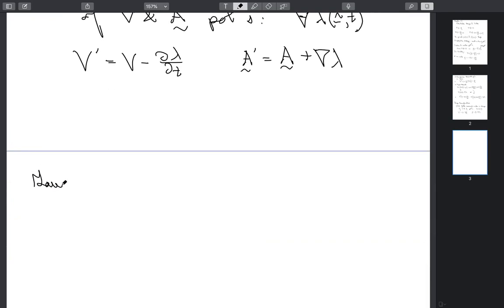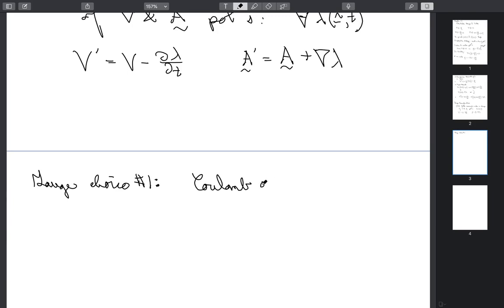So here's a first gauge choice, number 1, the Coulomb gauge. And here, what we do is that we say that the divergence of A is equal to 0.